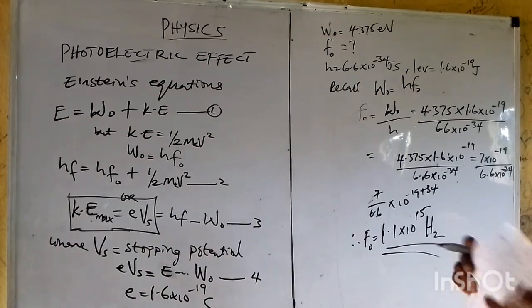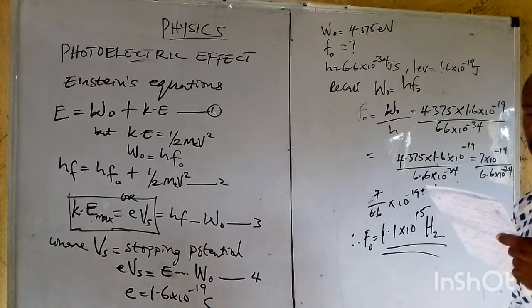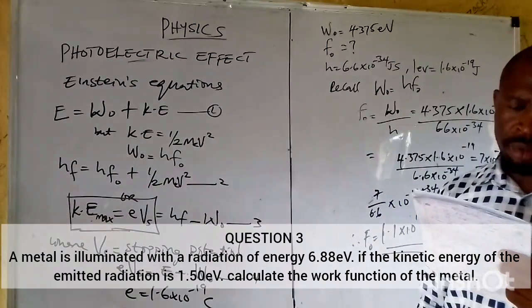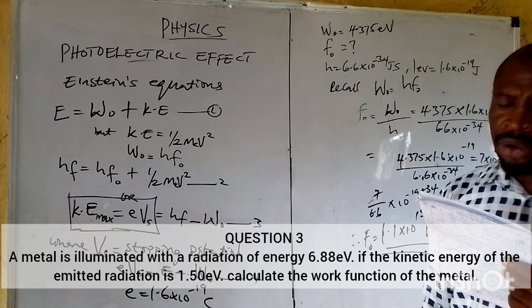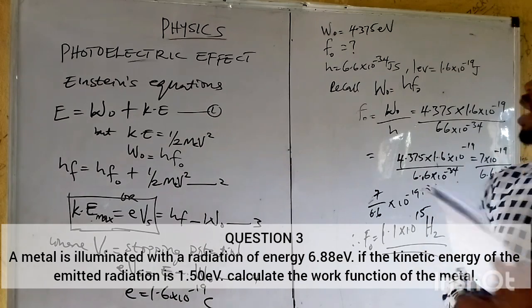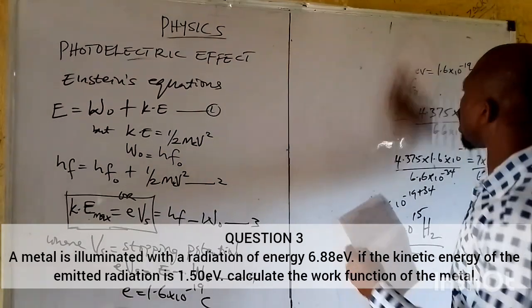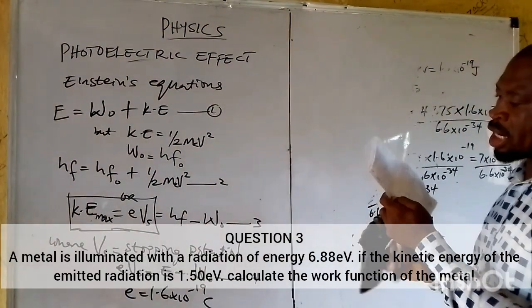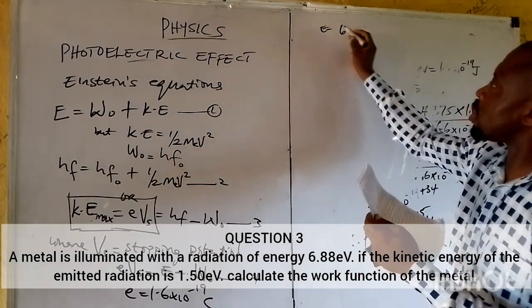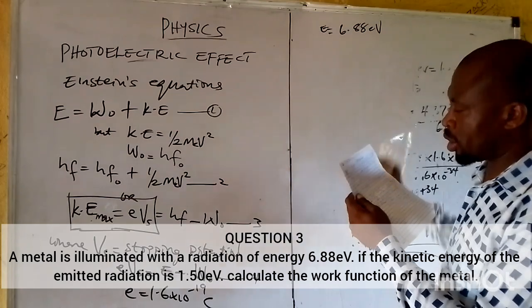Okay, we take another question as well. A metal is illuminated with radiation of energy 6.88 electron volts.